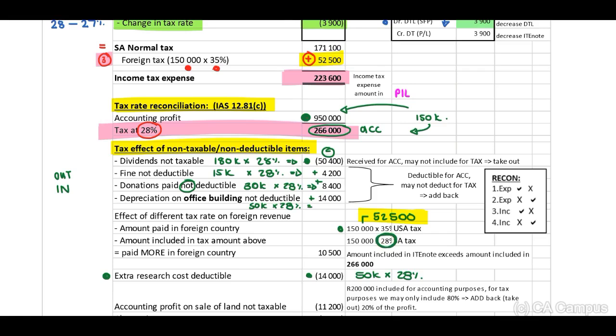Therefore, at the top, we have it included at 35%. But at the bottom, we have it included at 28%. Therefore, we now have to include the additional 7% at the bottom to reconcile, to get our total tax amount the same, and therefore add the 10,500.